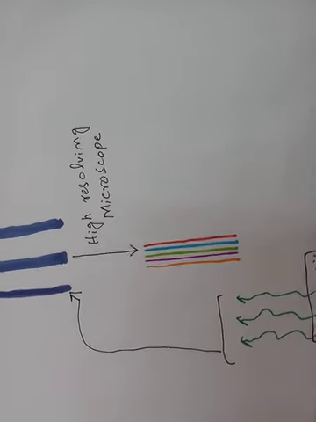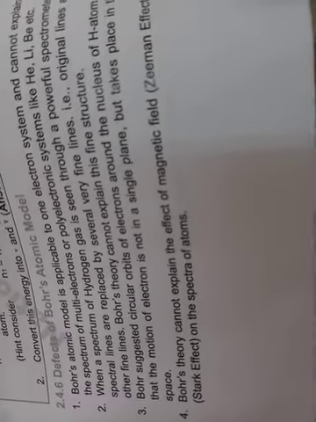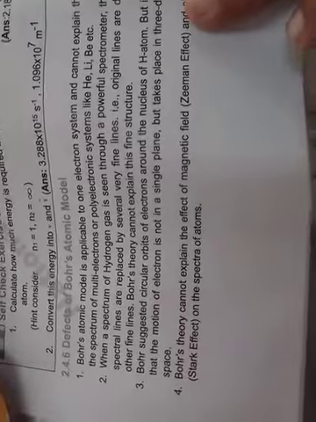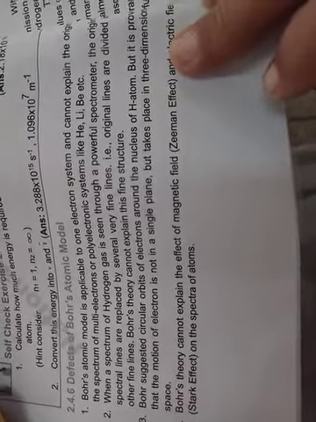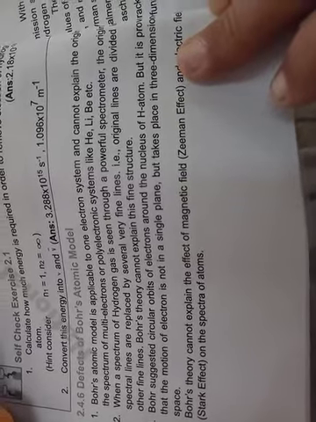Okay, now we move to the next point. Third, Bohr suggested circular orbits of the electron around the nucleus of the hydrogen atom, but it was proved that the motion of the electron is not in a single plane but takes place in 3 dimensions. Let me explain this.